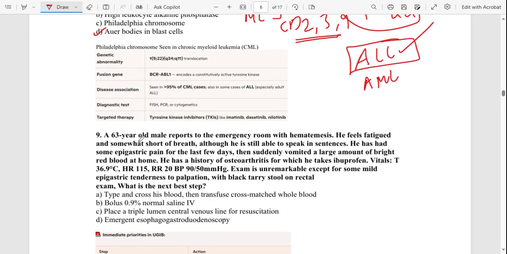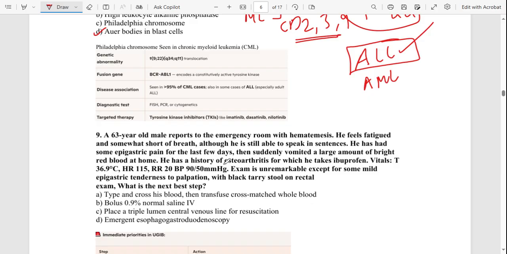Okay, 9. A 63-year-old male reports to the emergency room with hematemesis. He feels fatigued and somewhat short of breath, although he is still able to speak in sentences. He has had some epigastric pain for the last few days, then suddenly vomited a large amount of bright red blood at home.